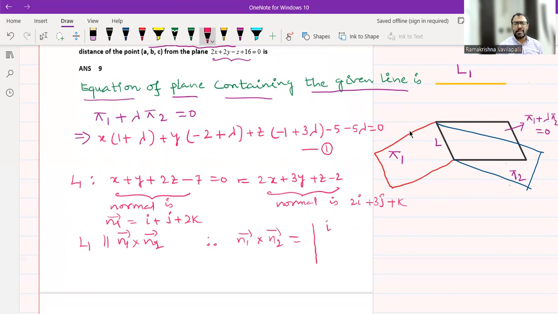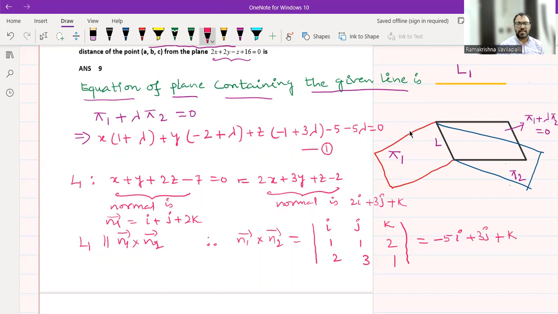So N1 bar cross N2 bar equals the determinant of i, j, k. The first normal is 1, 1, 2. The second normal is 2, 3, 1. So this is equal to i into 1 minus 6, so minus 5i, minus (1 minus 4), minus 3, plus 3j, and 3 minus 2, 1 plus k.